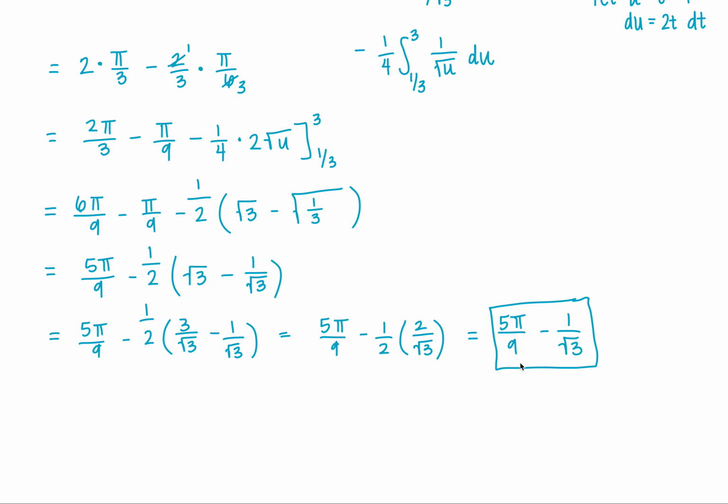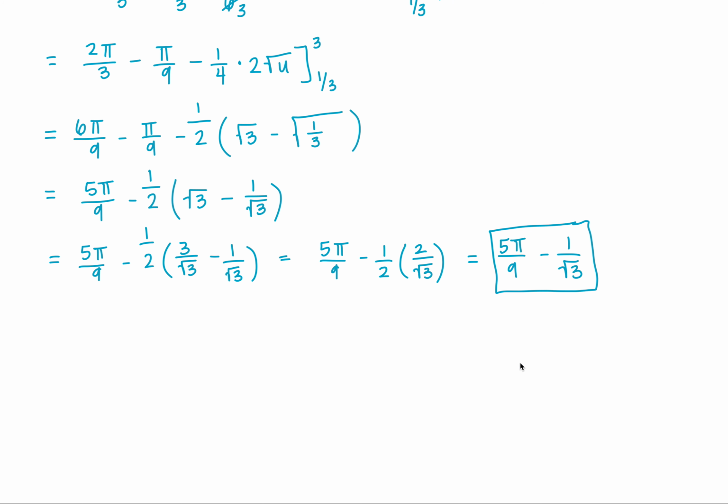Now, if you wanted to, you could write this as one fraction. If you were to multiply the second fraction, numerator and denominator, by 3 times the square root of 3, so 1 times 3 times the square root of 3 is just going to be 3 times the square root of 3.